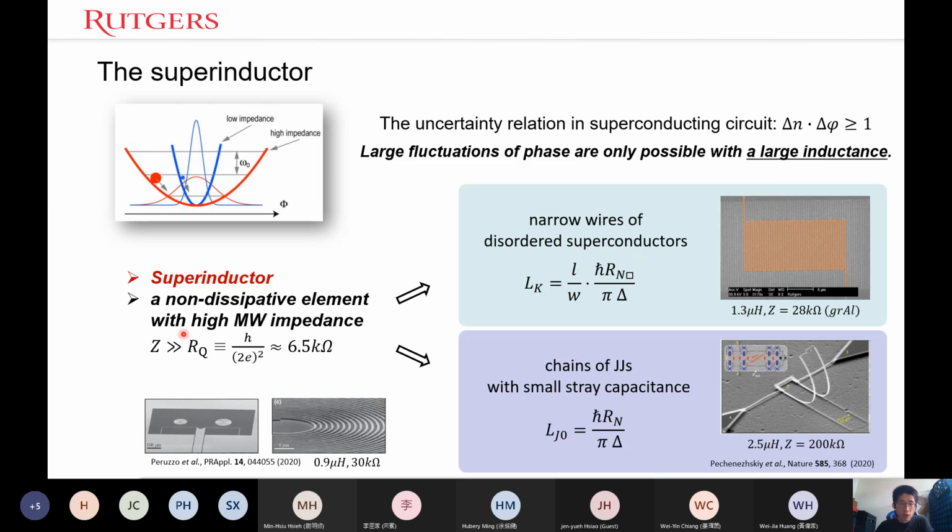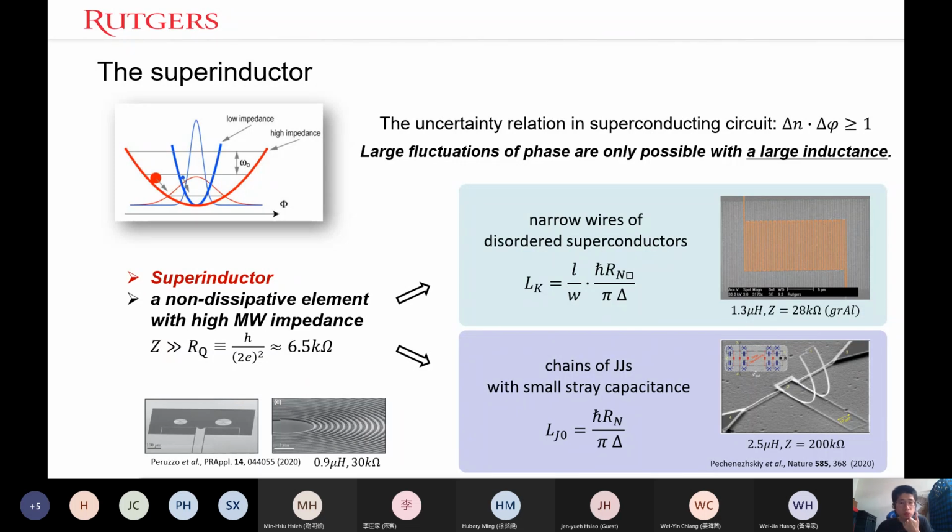So basically, the impedance Z surrounding the junction has to be very large in order to realize a large quantum phase fluctuation. And a number used to benchmark this impedance is the resistance quantum, and for Cooper pairs, this is around 6.5 kilo ohm.